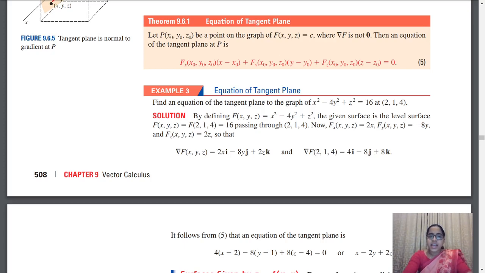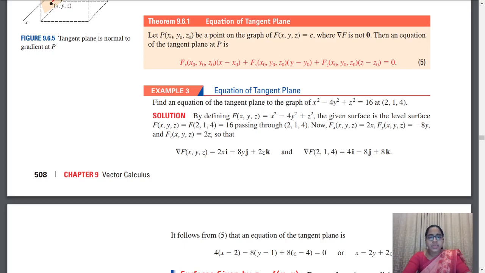Then an equation of the tangent plane at the point P is fx(x₀, y₀, z₀)(x − x₀) + fy(x₀, y₀, z₀)(y − y₀) + fz(x₀, y₀, z₀)(z − z₀) = 0. So that will be the equation of the tangent plane at the point P. Given a surface and a point, we can easily find the tangent plane using this theorem.